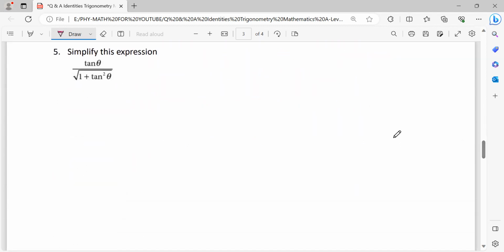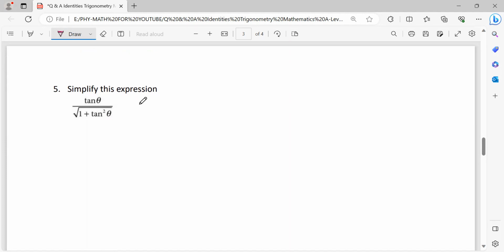Next, simplify this expression. Same as well. The procedure is similar to the previous question.